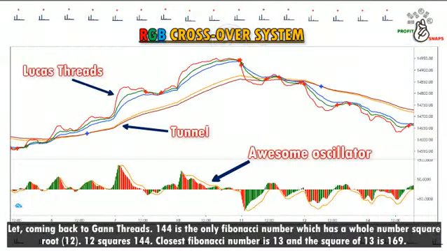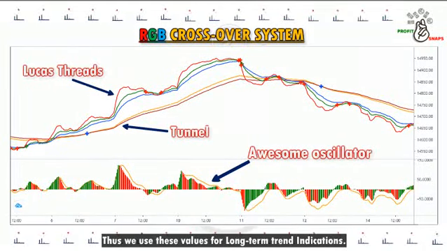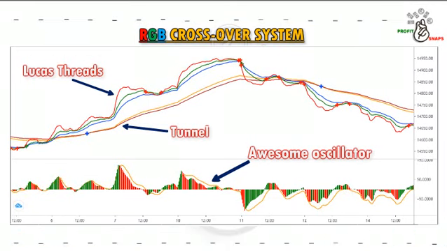But, coming back to Gann threads, 144 is the only Fibonacci number which has a whole number square root, 12. 12 squared is 144. The closest Fibonacci number is 13, and the square of 13 is 169. Thus we use these values for long-term trend indications.